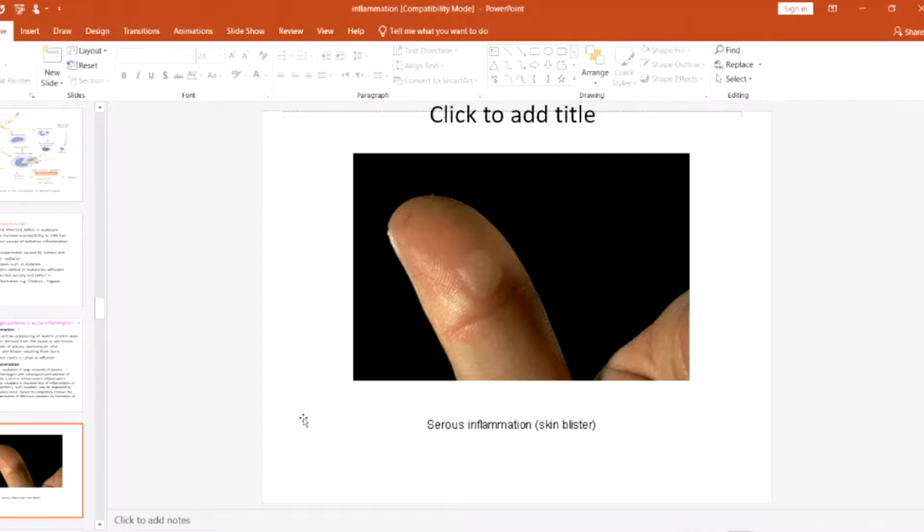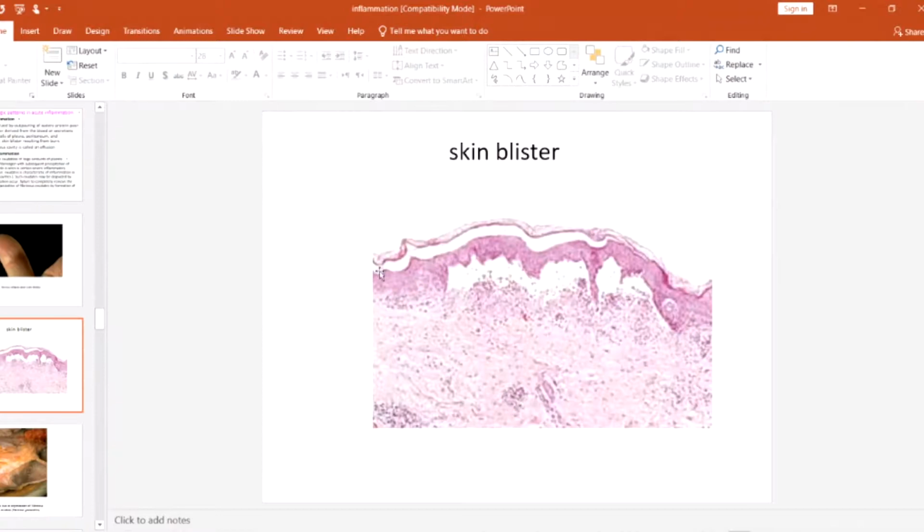Okay, exactly. Students, all of us have had a skin blister. What is a skin blister? It is a bubble containing fluid, like water. It happens when someone exposes his skin to a hot plate or heat source, or a mild burn. This blister contains clear fluid, water, so it is an example of serous inflammation. Here this is the skin, the epidermis, and this space is fluid edema.